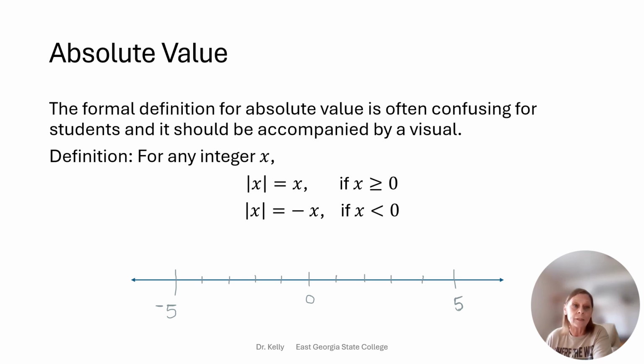It says for any integer x, the absolute value of x is equal to x if x is greater than or equal to 0, and equal to -x if x is less than 0. And this is where the confusion comes.